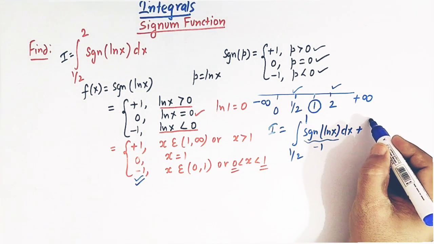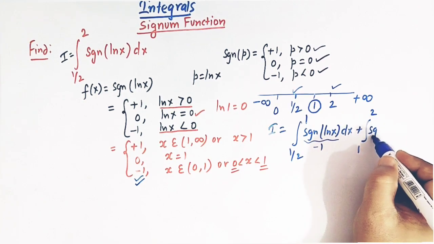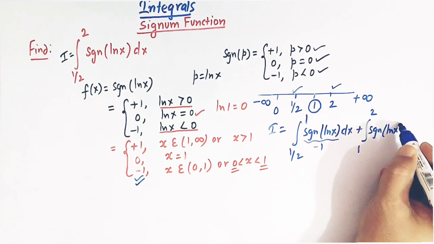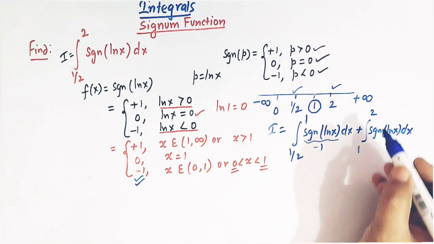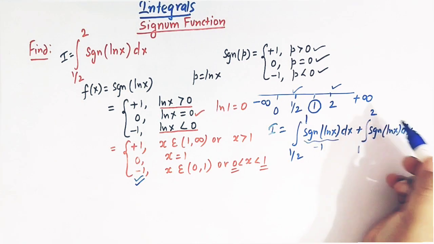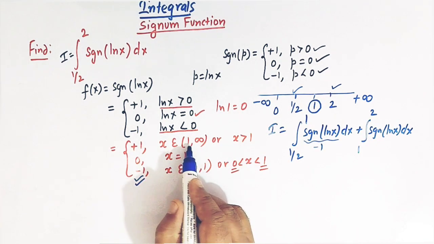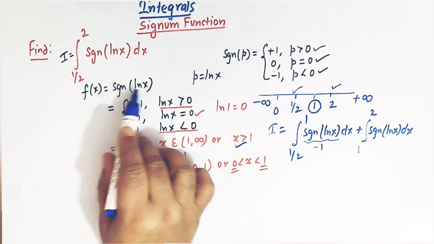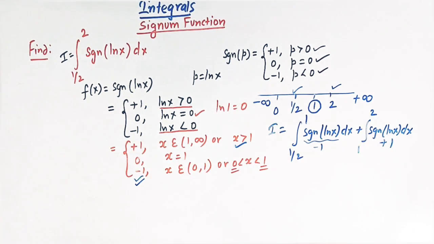And then we have 1 to 2, and here we have signum of log of x. In this case, x lies between 1 and 2, which means x is greater than 1 and less than 2. So here signum of log of x is equal to plus 1.